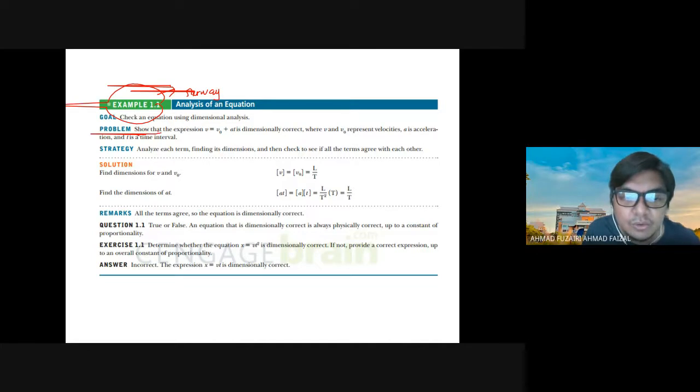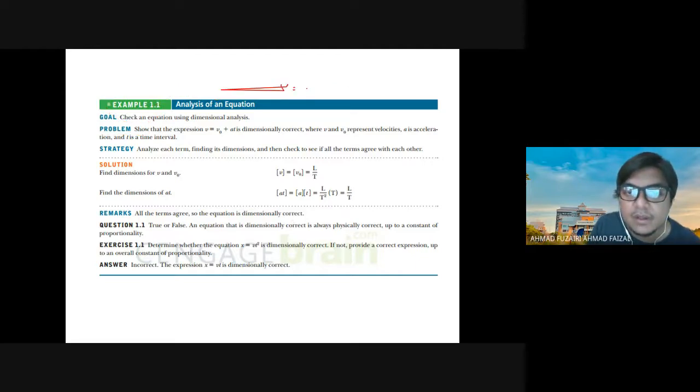Show that it is dimensionally correct, meaning you need to prove that this equation is correct. You don't have to measure whether it is correct or not, because it is already correct. The question has already told you that the equation is correct.